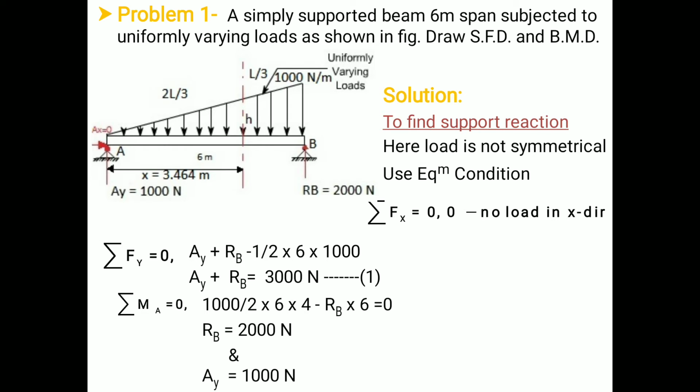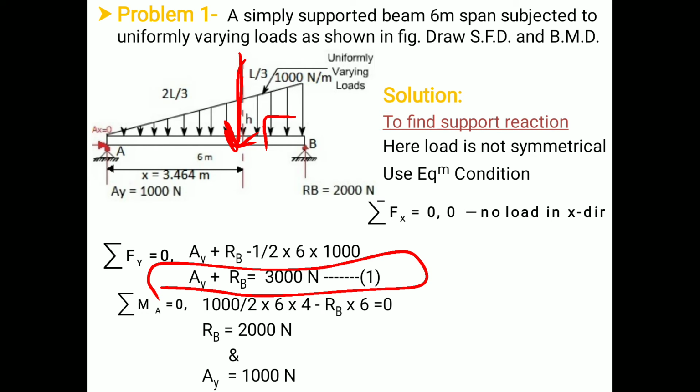Remember that the uniformly varying load, after converting into the point load, it will act at a distance of L by 3 from this support, the 90-degree angle, and the remaining distance will be twice L by 3. So L by 3 means 6 by 3, so it will become 2 meter. Okay, therefore we have this equation.